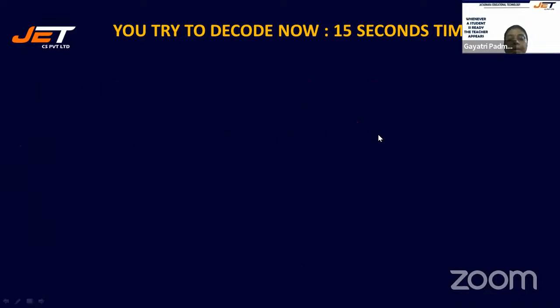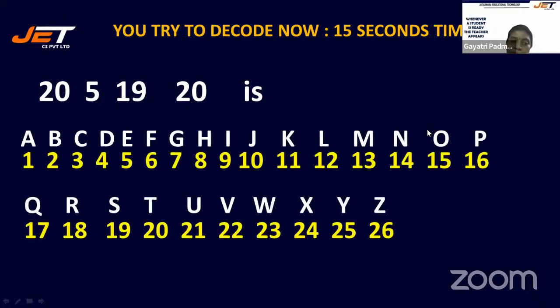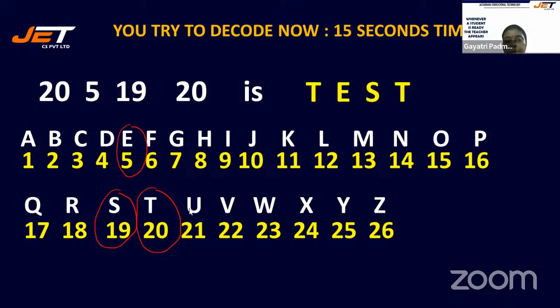Now let us again try to decode it. So 25, 19, 20. Where 20 comes under T. So T is 20. 5 is E. So 19 is S. 20 is again T. So it is TEST.